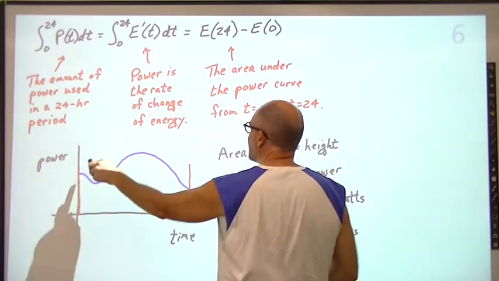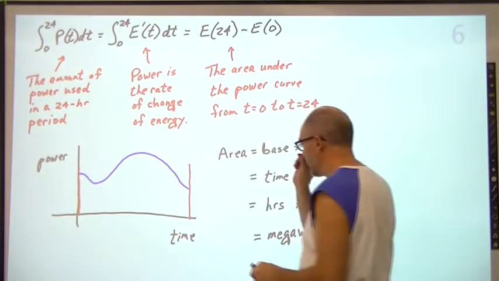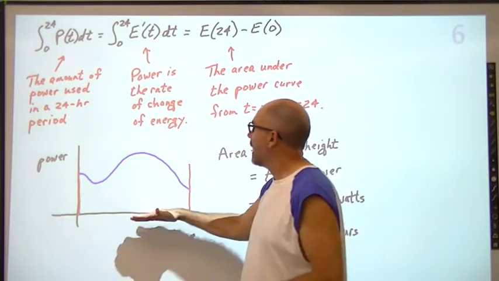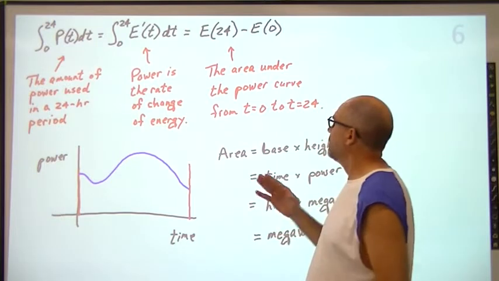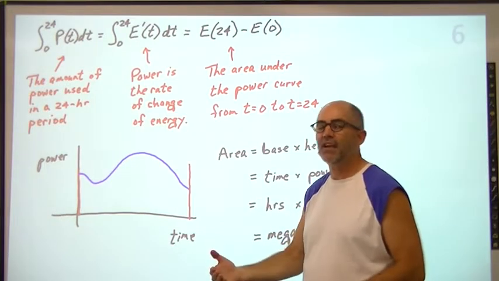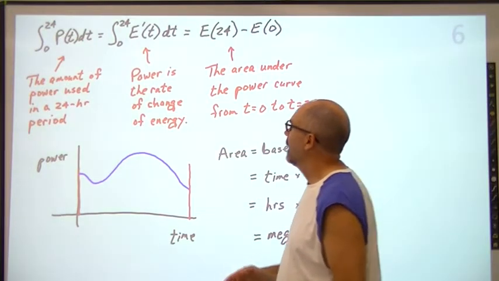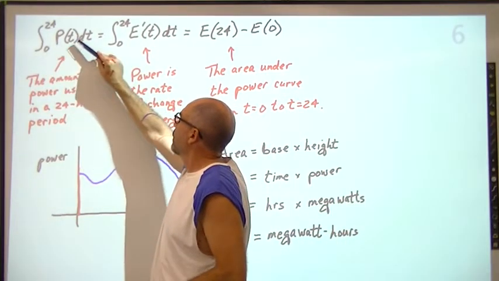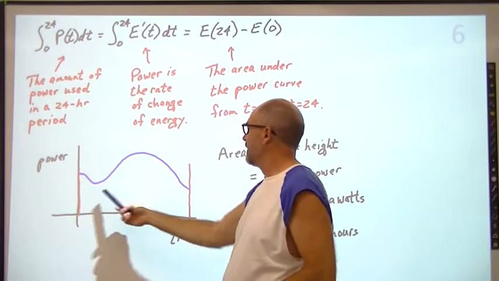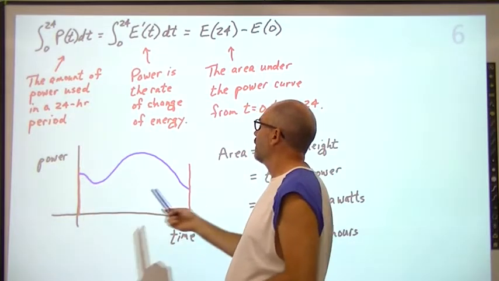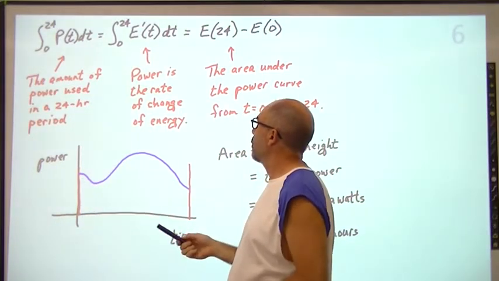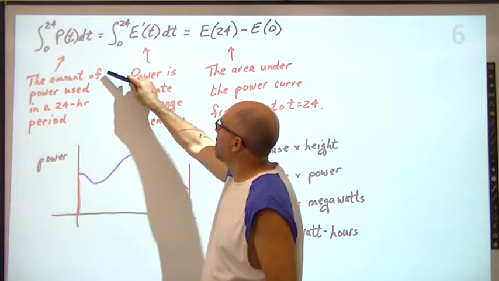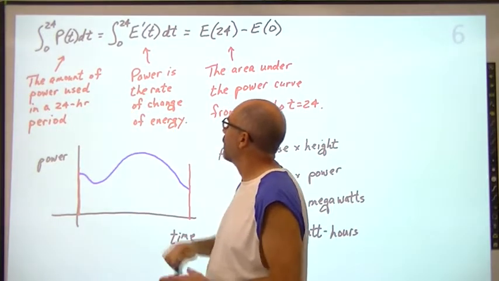Now, if I take the area under that curve, then what I have is power times time, and power times time is energy. Okay, the integral from 0 to 24 of p of t dt, in other words, the area under this curve from 0 to 24, is the amount of power used in a 24-hour period.